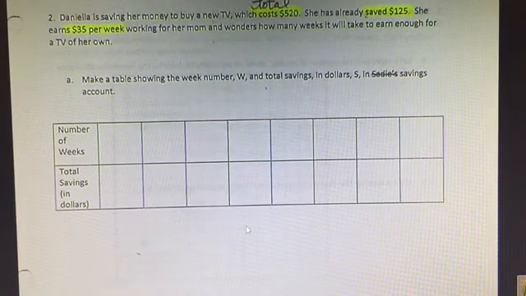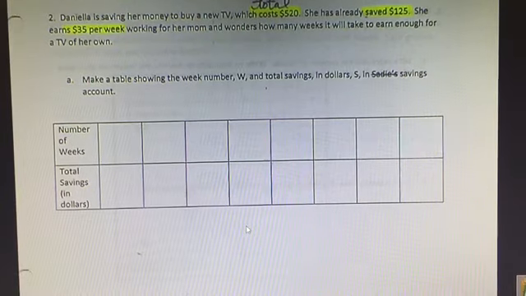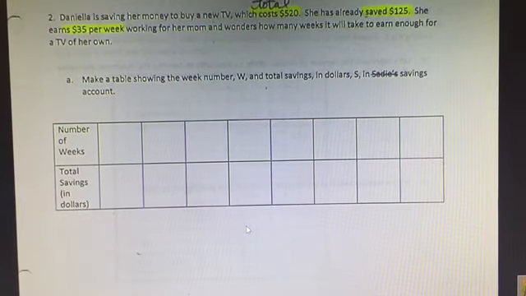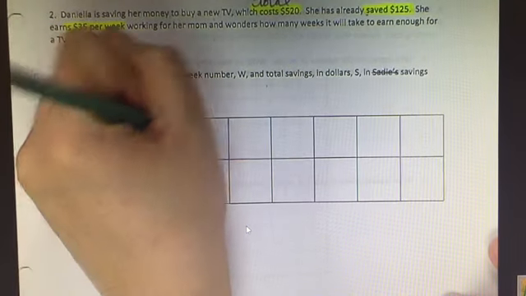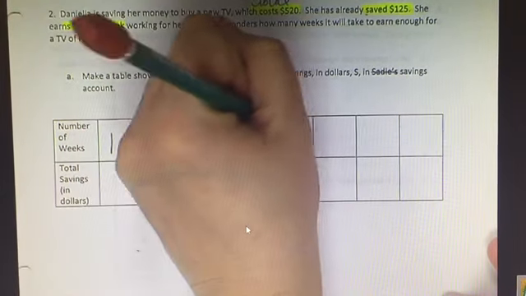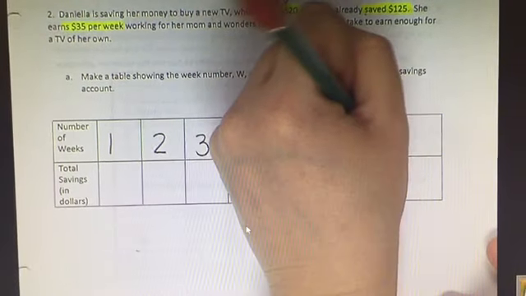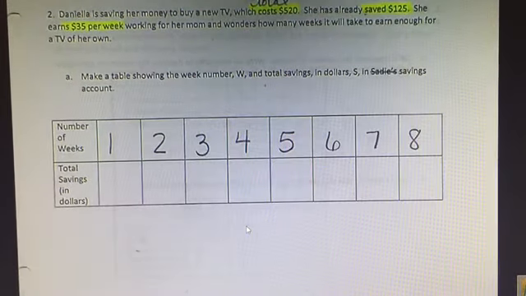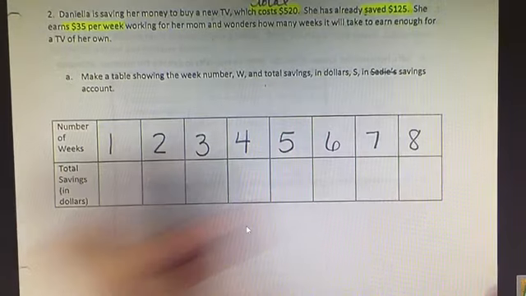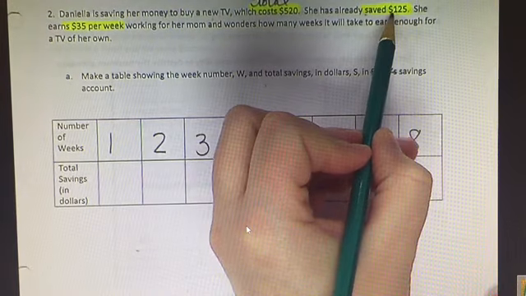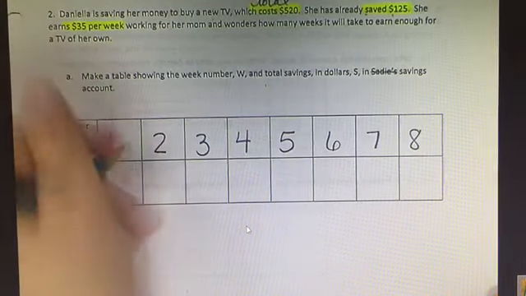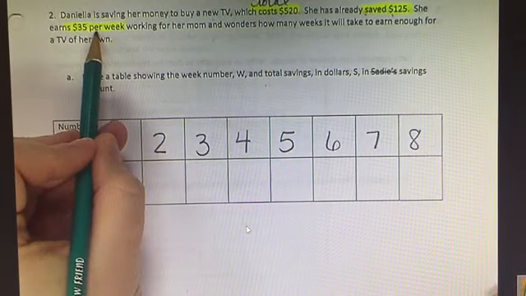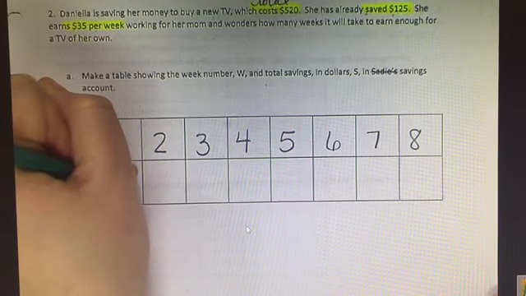So we can start plugging in all of our different pieces to make this work. Okay, so in the first week, we're going to do week 1, 2, 3, 4, 5, 6, 7, and 8. In the first week, she has the $125 that she started out with, and then she's going to make $35 for that first week that she worked.